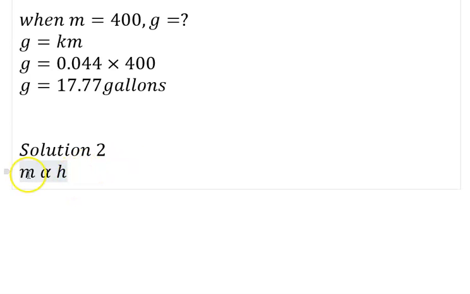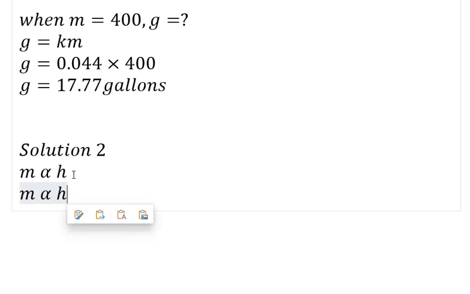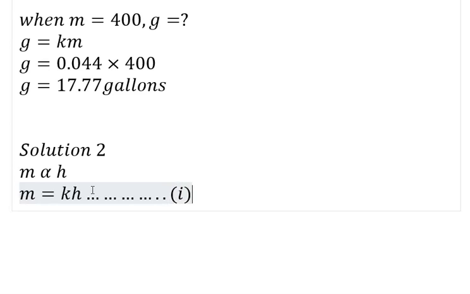So with this, we can now change our proportionality constant to K. So M equals K H. Beautiful. So we say this is our equation 1. I'm sure by now we are getting used to direct variation. So we've been able to iron that out.